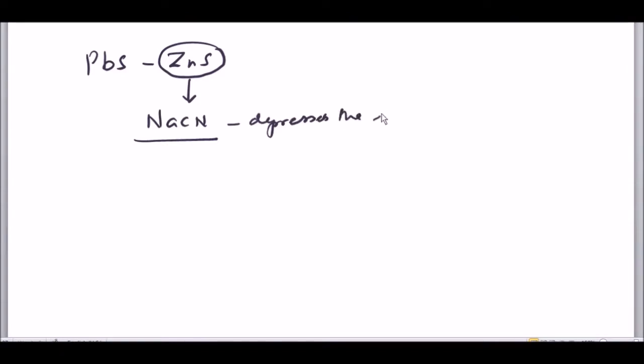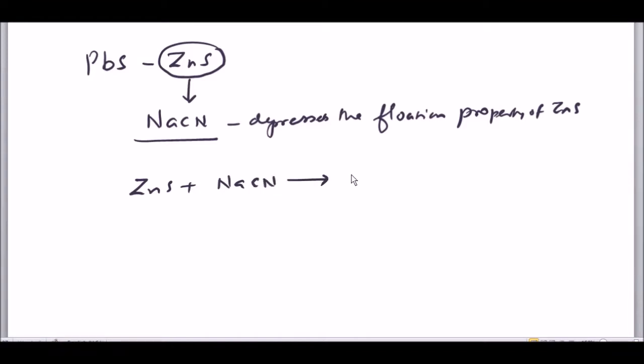depresses the flotation property of ZnS just by forming a complex compound. You just see, ZnS on treatment with NaCN is going to make a complex compound like this, Na2[Zn(CN)4]. It's a complex compound made by that, and sulfur is removed as sodium sulfide.